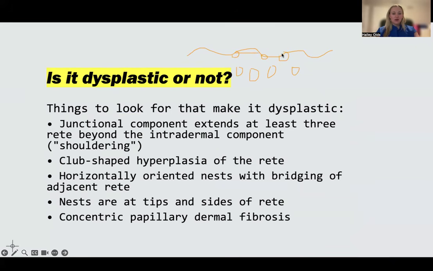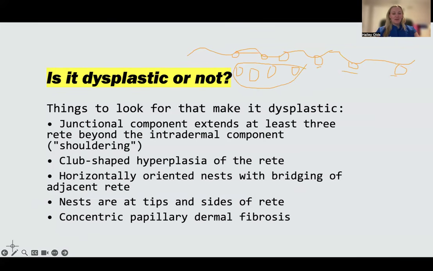Shouldering means that your junctional component extends at least three reedy ridges beyond where you have a dermal component. So here it's junctional, junctional, junctional, three beyond where you have the nests in the dermis. And that's a tough concept that makes more sense the more times you see it.